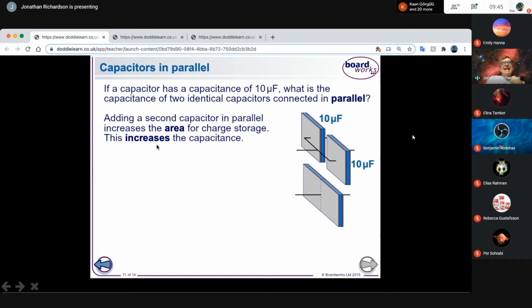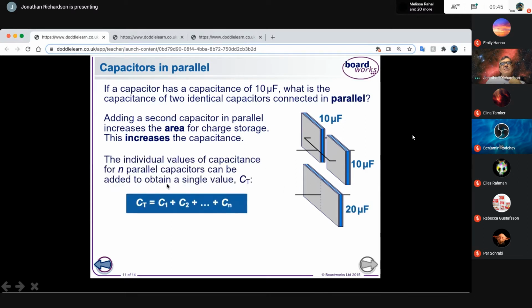Well, we've increased the overall capacitance. We've twice the surface area, so we've twice the capacitance. The individual values of capacitance for a certain number of parallel capacitors can be added to obtain a single value. So this, of course, is the complete opposite of resistors. Resistors in series, we added them together.